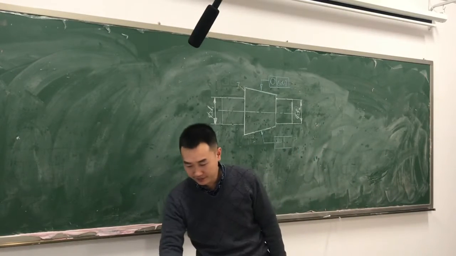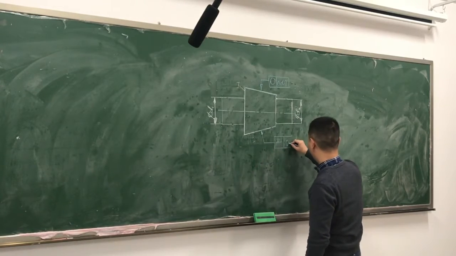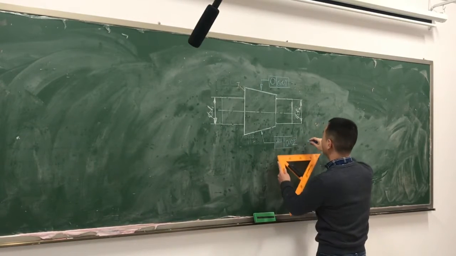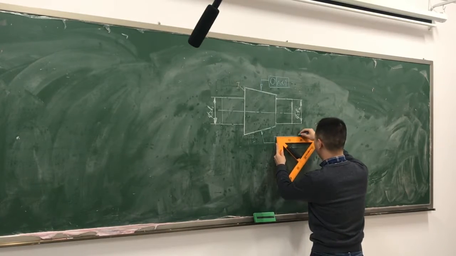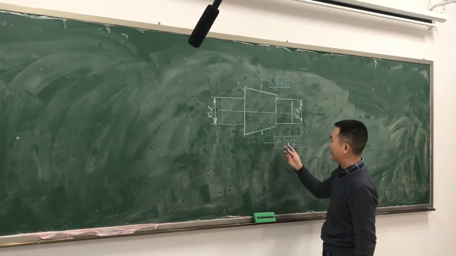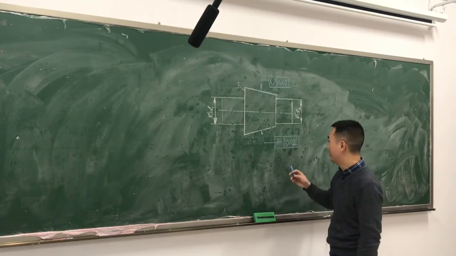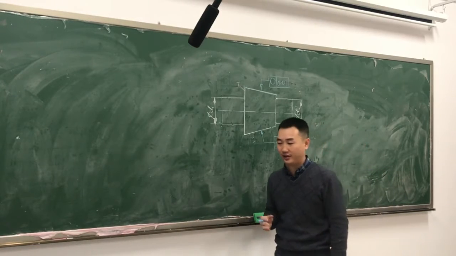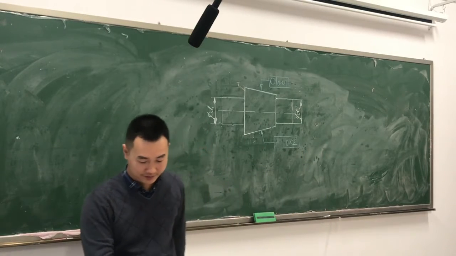And the tolerance value is 0.02. And for this line here, the tolerance zone is the space between two parallel planes. So we do not need to add a phi here.